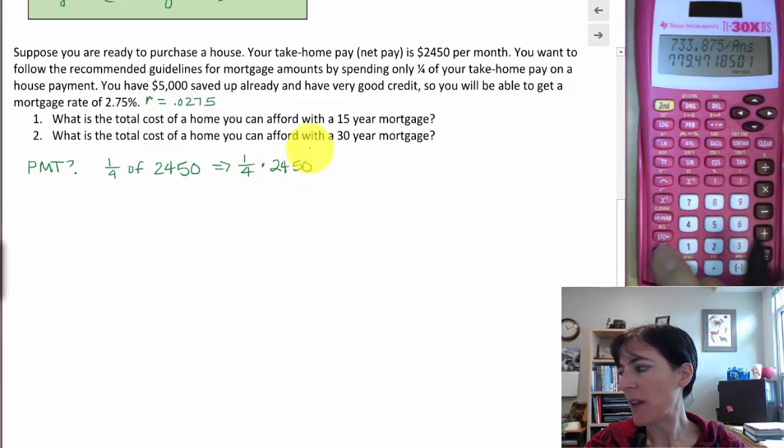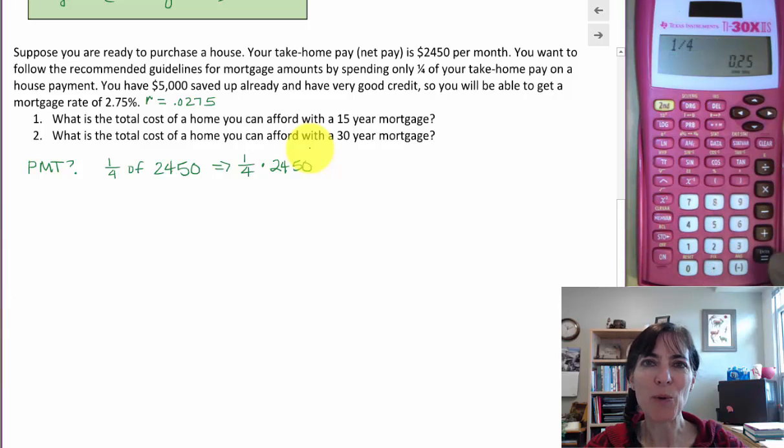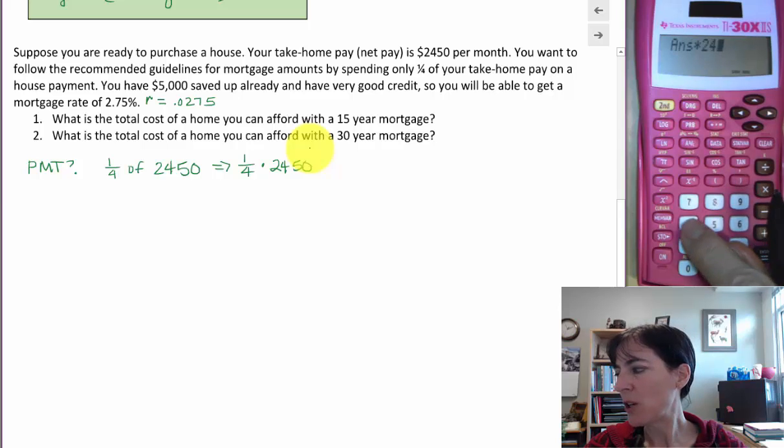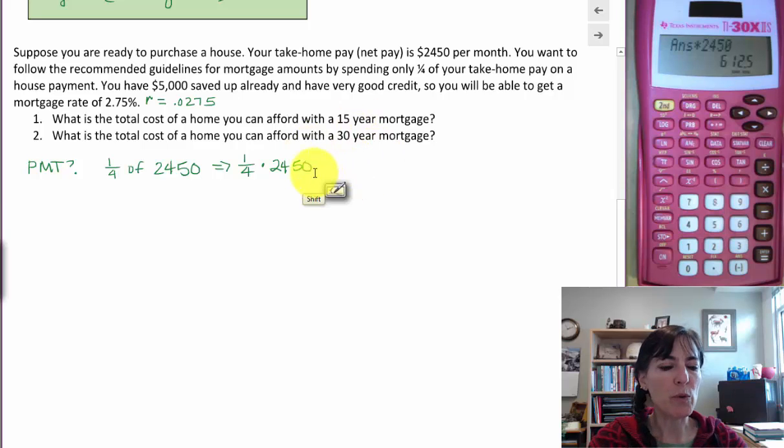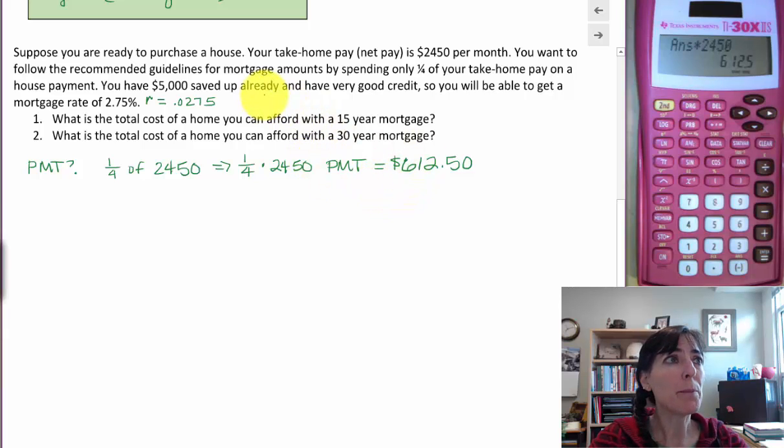And we can find that by doing 1 divided by 4, or if you know, it's 0.25, and you get 0.25 times $2,450. And that means we would want to make a payment of $612.50.